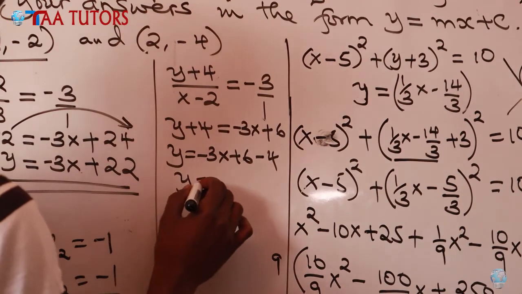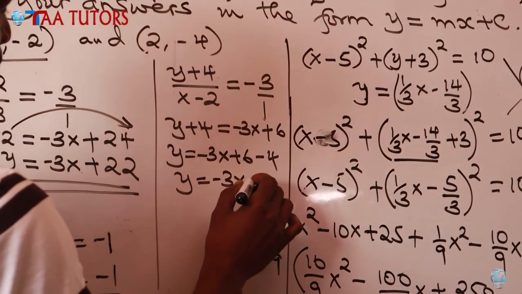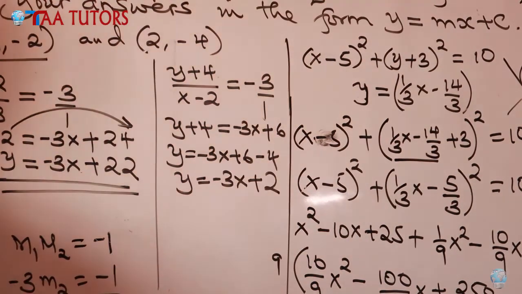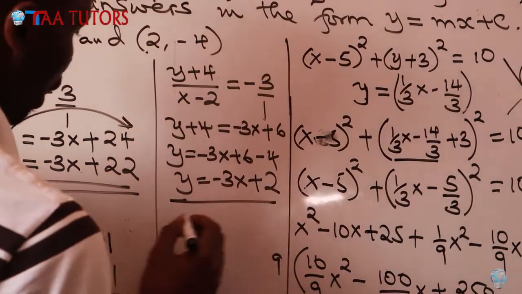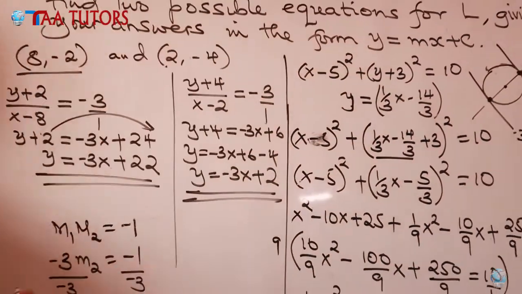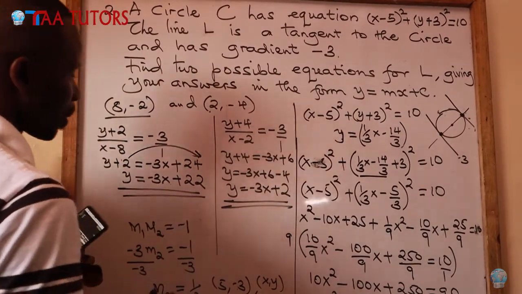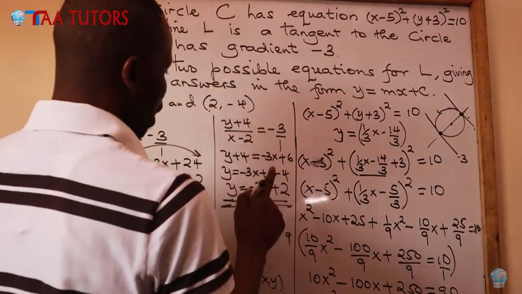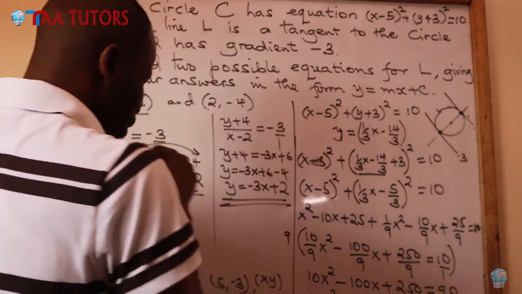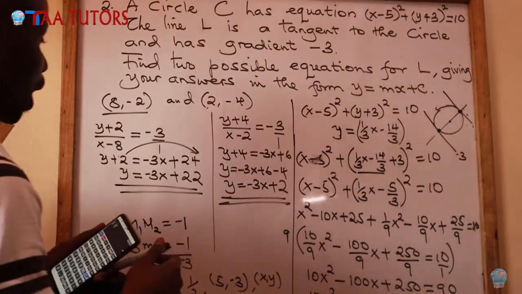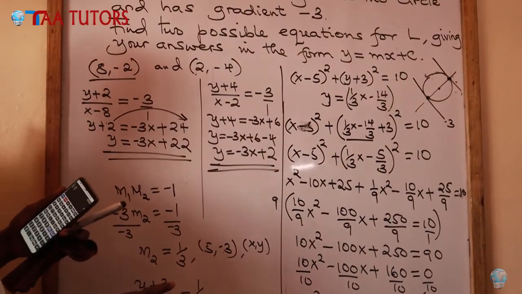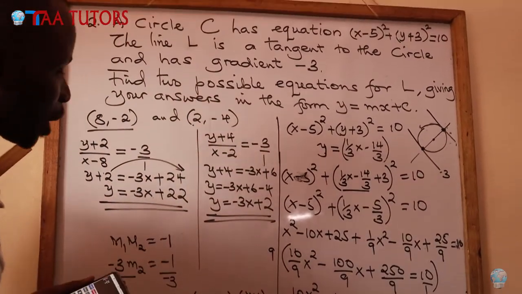This is y equals negative 3x plus 2. So viewers, we have the 2 possible equations of L: y equals negative 3x plus 22, and the other one is y equals negative 3x plus 2. After determining these equations, we have finished what the question wanted.